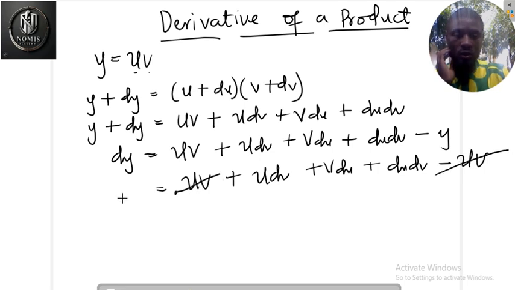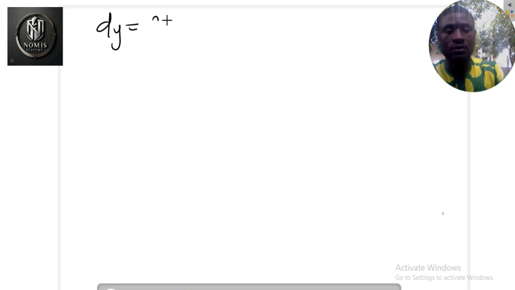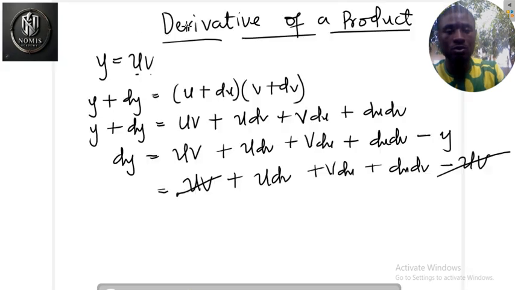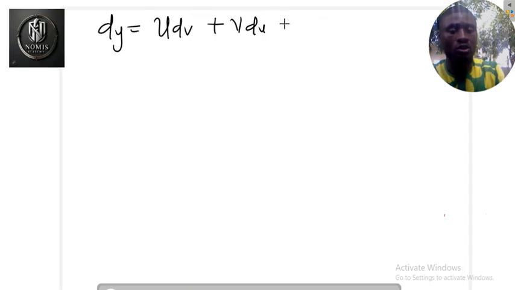So we are left with dy equals u dv plus v du plus du dv.